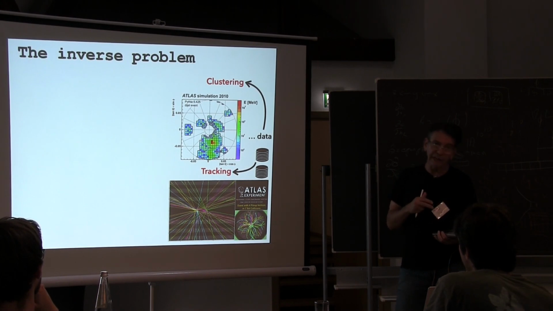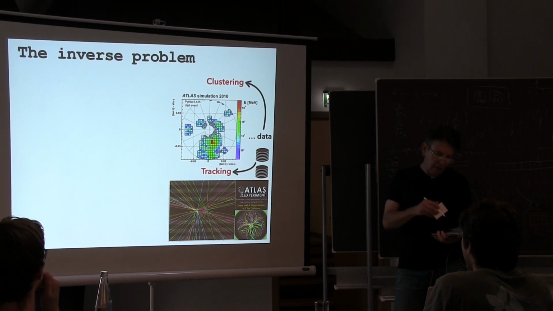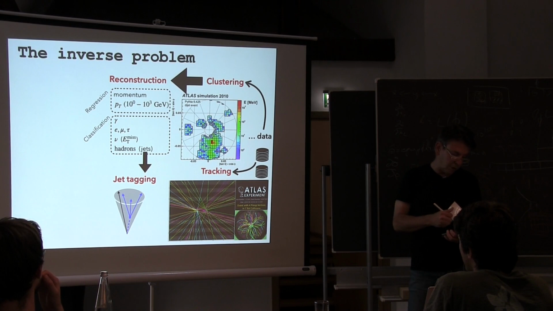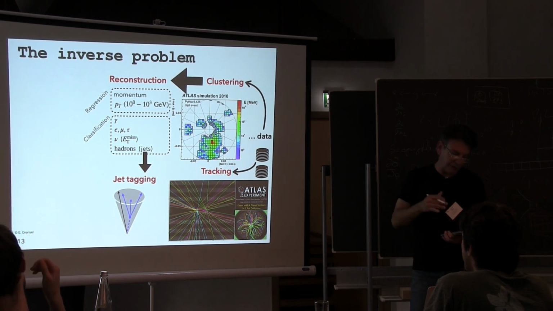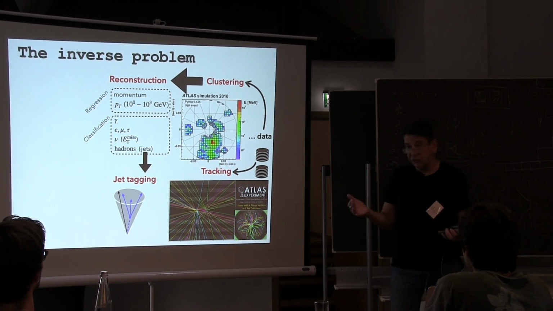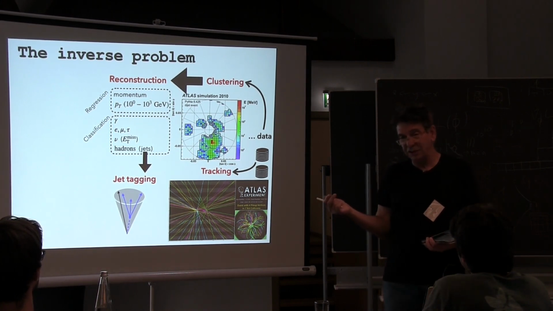So analyzing it is doing the inverse problem. We look at our tracking, we look at our clustering of all the cells that deposit energy, and we go backward. From this, we want to reconstruct by regression, if you like, the momentum of the particles, to isolate the particle, and then even classify them, to say this is a photon, these are e, mu, tau, this is hadrons, and which hadrons if we could, and also try to guess what are the neutrinos.